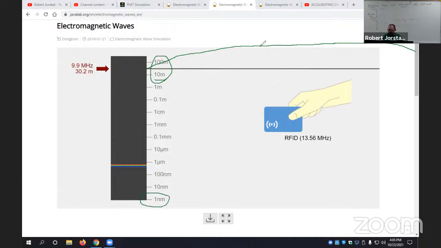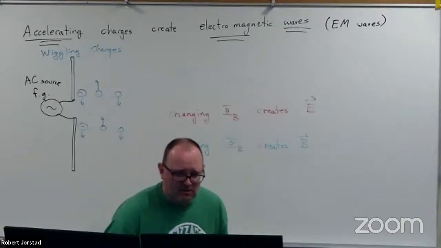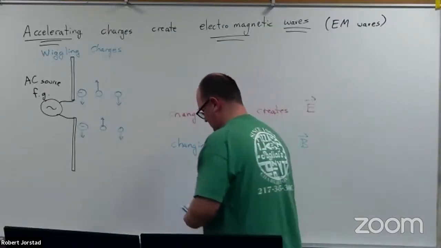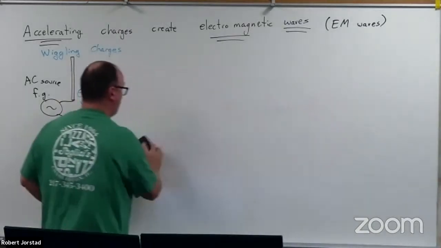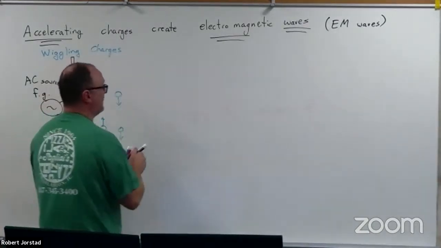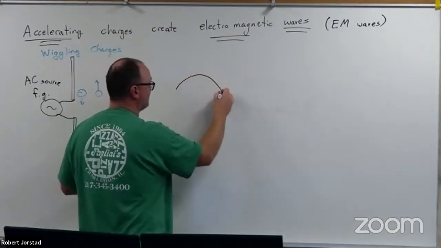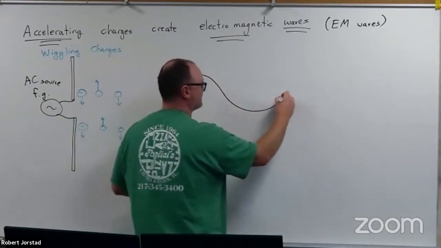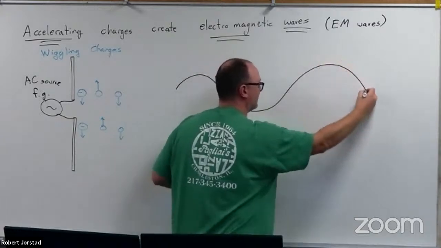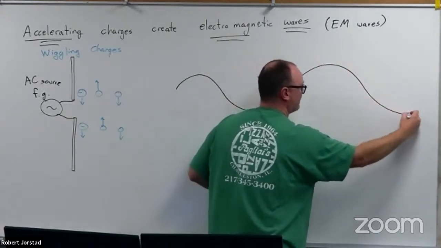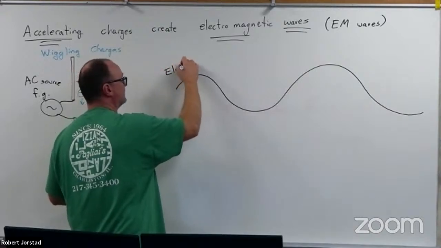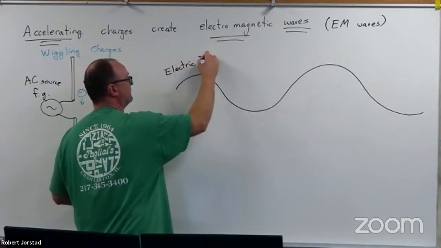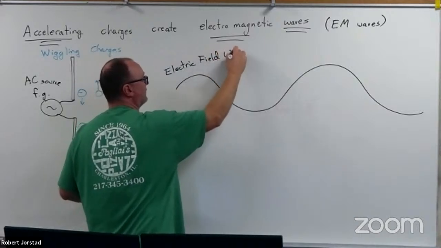All right, so out of all this, what was our goal here? I wanted to talk a little bit about how waves are created, and they're going to travel throughout space in these weird patterns like this. What I'm drawing right now is the electric field wave.